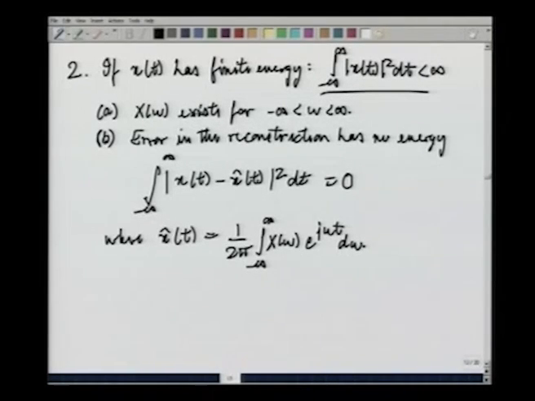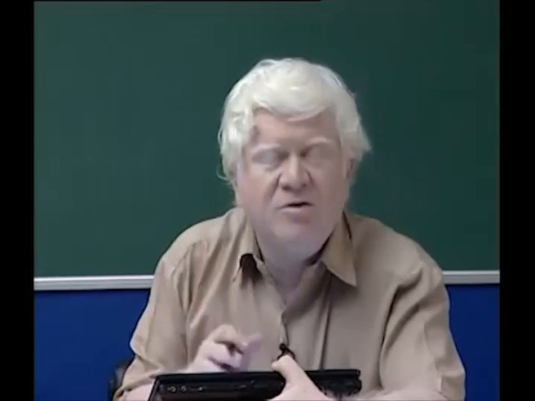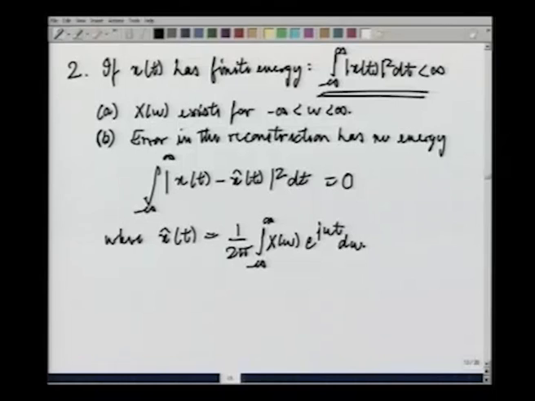So, the reconstructed signal probably has error with respect to the original signal, but the error has no energy. This much is guaranteed if we confine ourselves to square integrable signals, signals which satisfy this criterion.